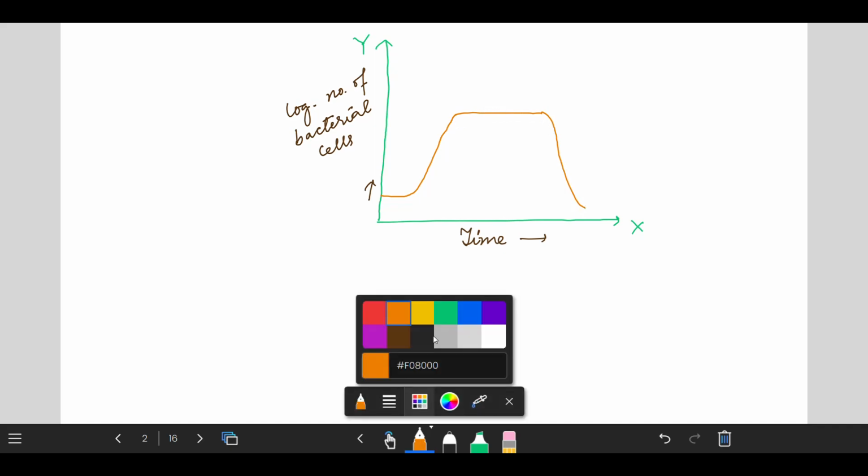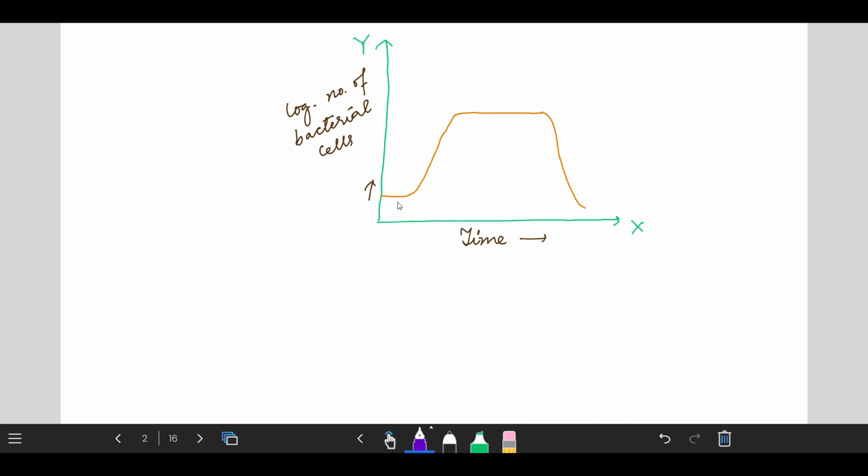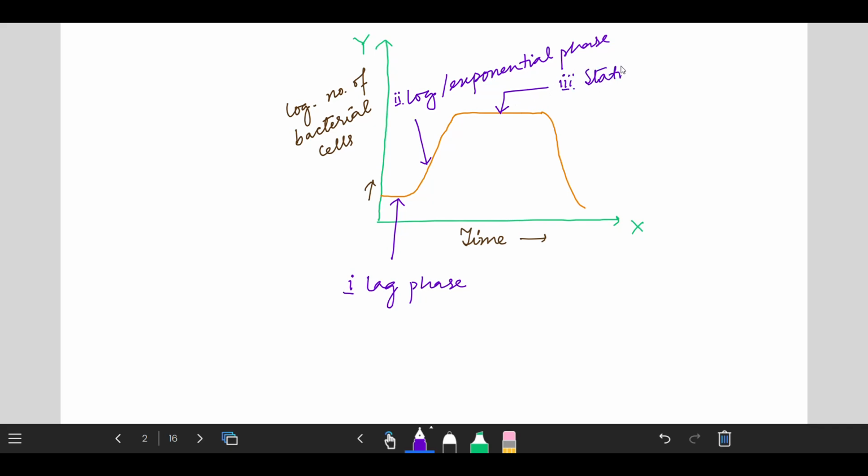Okay, now this phase is known as lag phase or phase 1, and this phase is known as log or exponential phase, that is phase 2, and this phase is phase 3 or stationary phase, and this phase is death or decline phase.